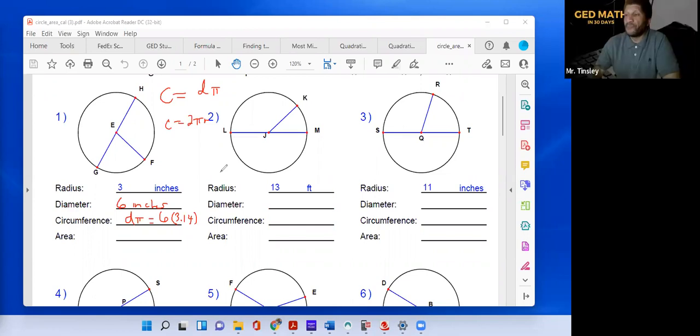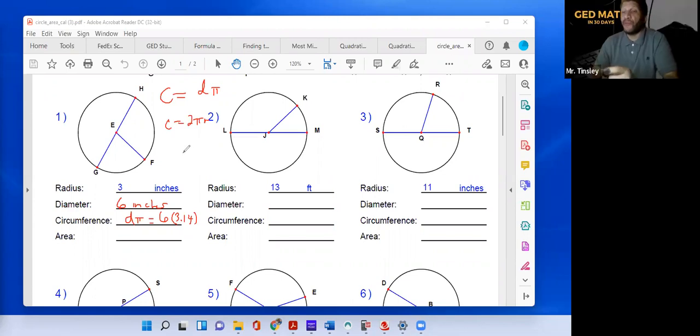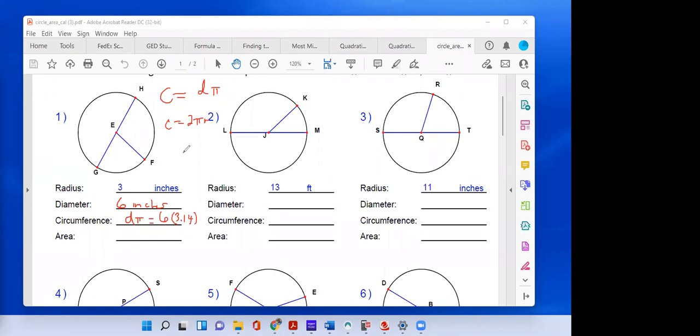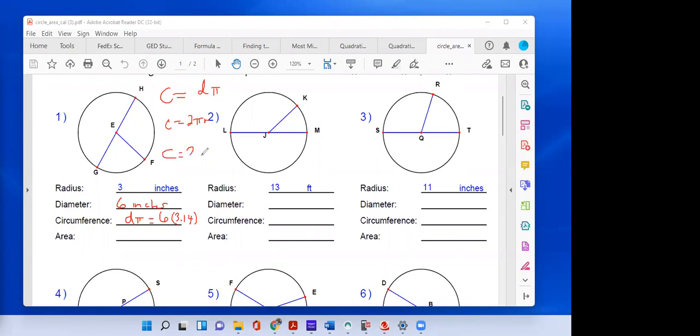Now, what's the difference with doing the other way, where you use the radius? You tell me what's the difference. What does the formula say? The circumference equals 2 pi r.